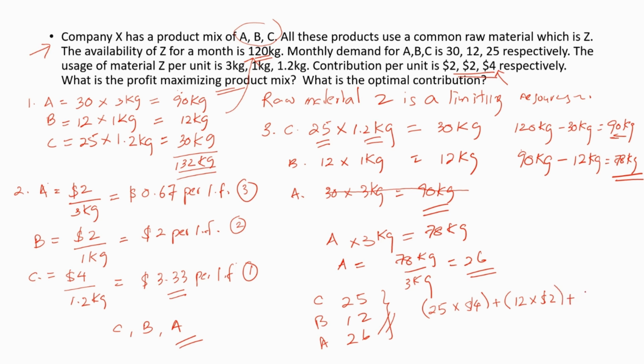And the contribution when we produce product A is 26 multiplied by $2. So this is equal to $176. This is the maximum contribution we can obtain under the optimal product mix.